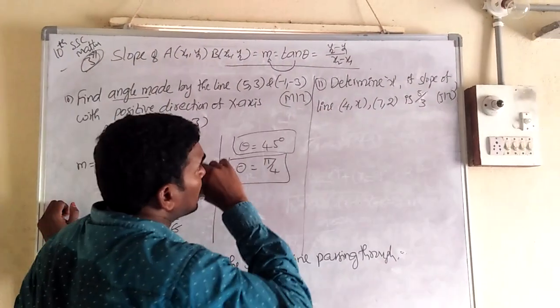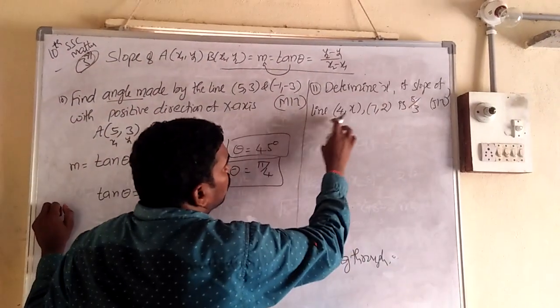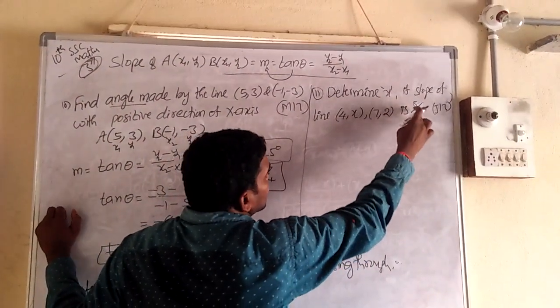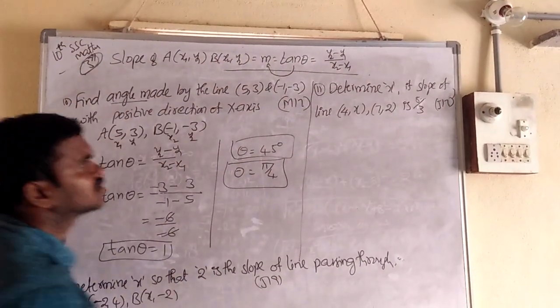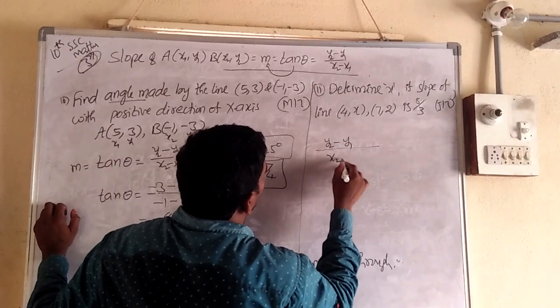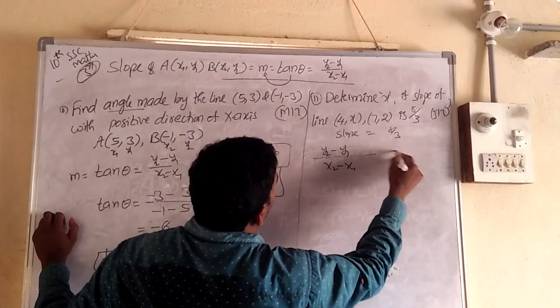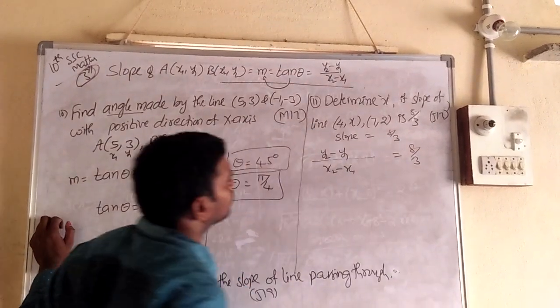See the next question. Determine x if the slope of the line through 4 comma x and 7 comma 2 is 8 by 3. So what is the slope formula? y2 minus y1 by x2 minus x1. Because the slope is given as 8 by 3, the slope formula equals 8 by 3.